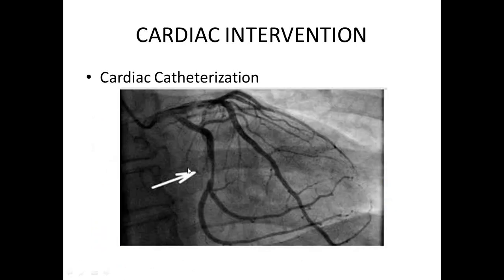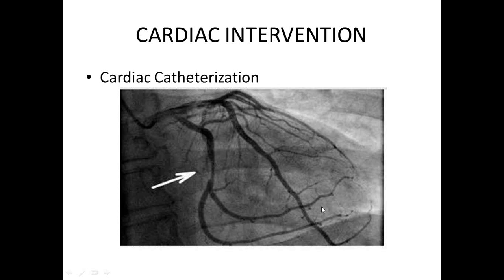So this is when we do an angiogram. These are the blood vessels on the left side of the heart. This is what we call the left main coronary artery. It gives off the left circumflex, which comes down right here, and then the left anterior descending coronary artery, LAD, which comes right down there.